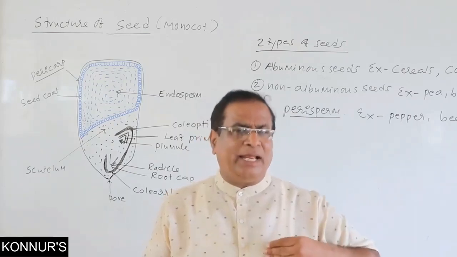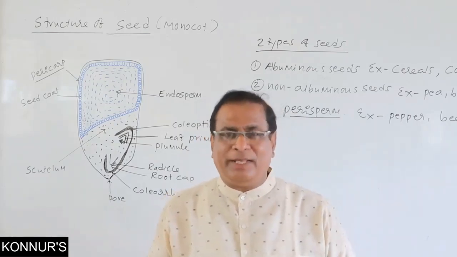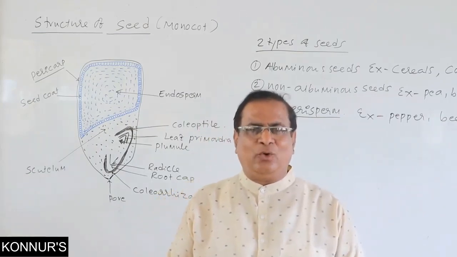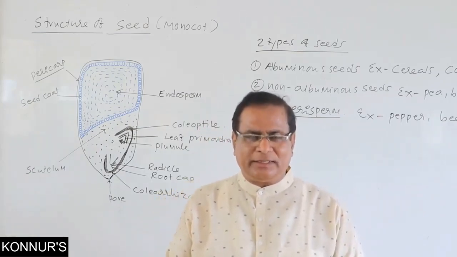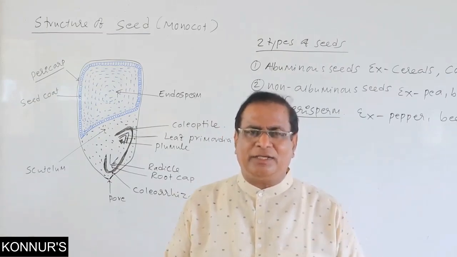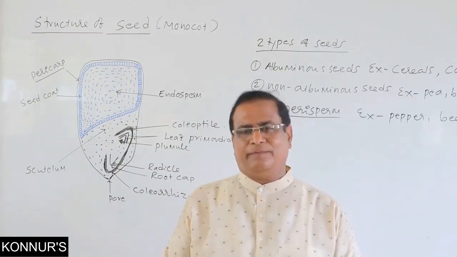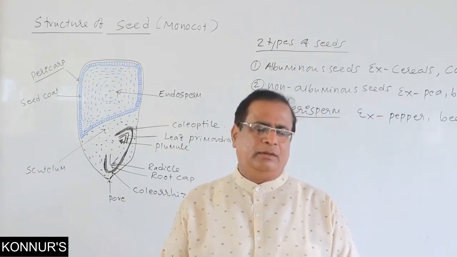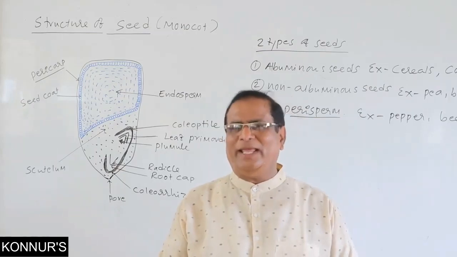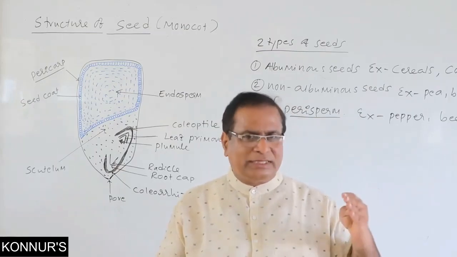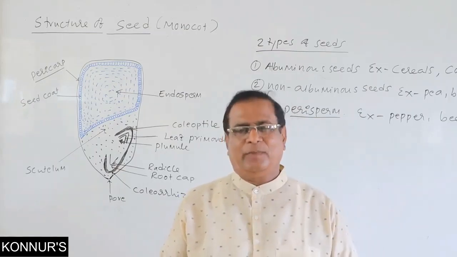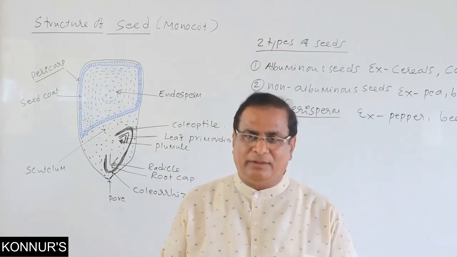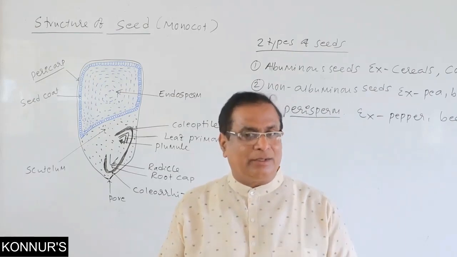And they will enter into a dormancy period, a resting period. When they enter into the dormancy period, seeds never get germinated during their resting period. And the duration of the dormancy period varies from seed to seed. They may take a dormancy period of 1 month, even a year.